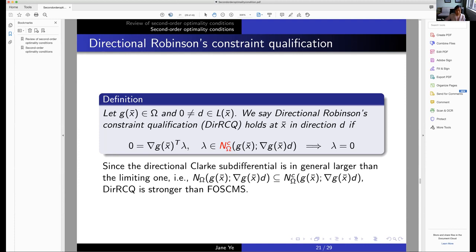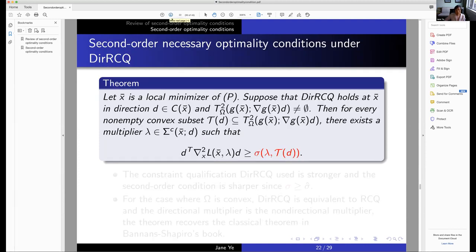Now, if we have this stronger condition, then the first order condition will say that we will have a multiplier which is in the directional Clarke multiplier set.